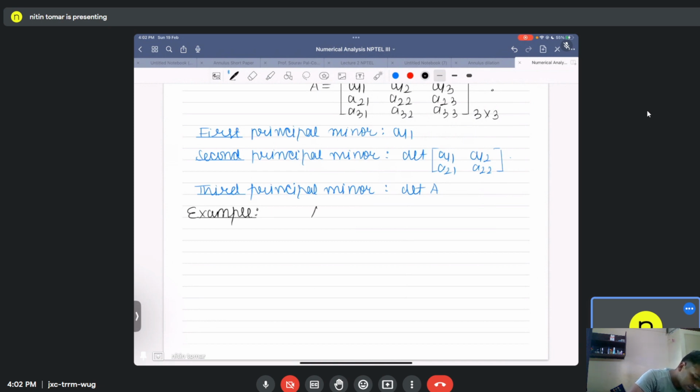Example: the matrix with rows 1, 1, minus 2; 1, 2, 1; minus 1, minus 2 and 1. So first of all, you check what is the first principal minor? 1, right?